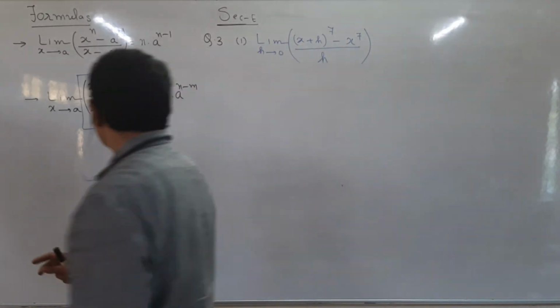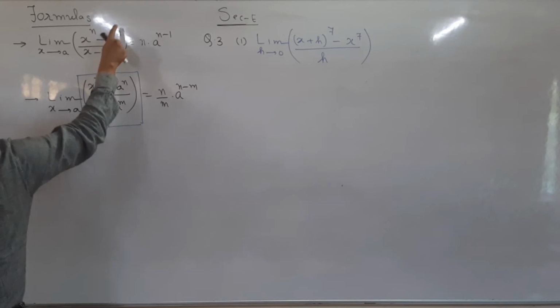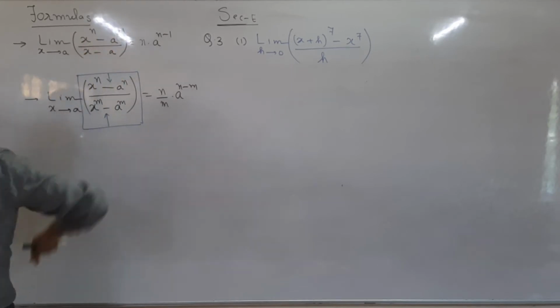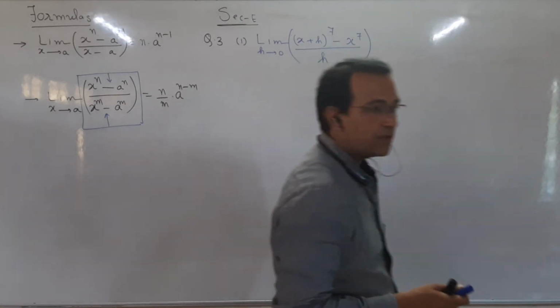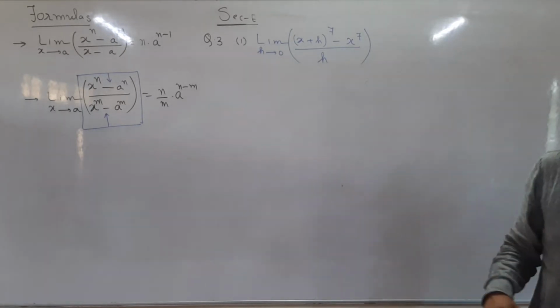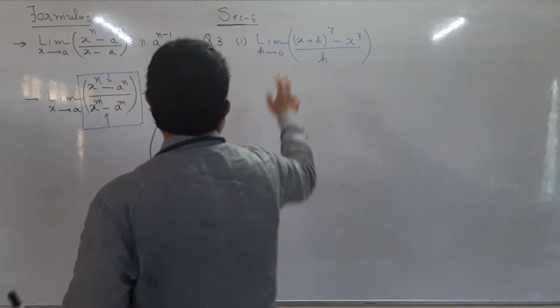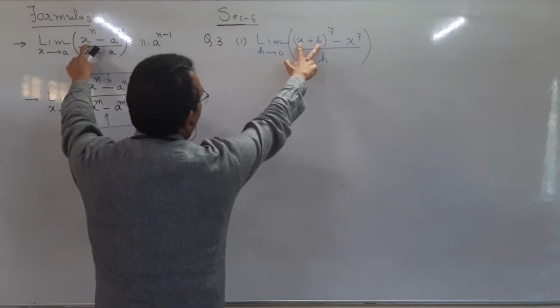Okay, visualize this formula: x raised to n minus a raised to n upon x minus a. Whenever two power terms are given, students, we have to visualize this formula. And especially you can pay attention and concentrate for example 28. It is very similar to example 28. Now whenever your power term has two terms, here according to formula it should have only one term.